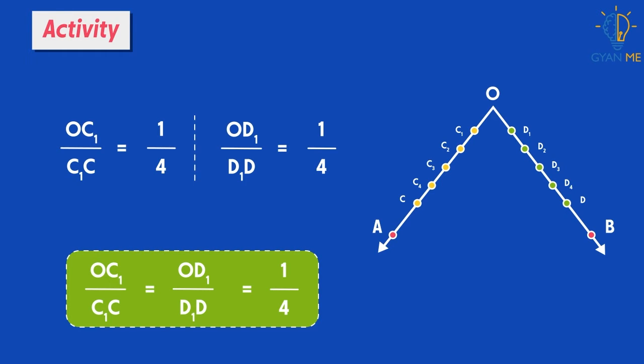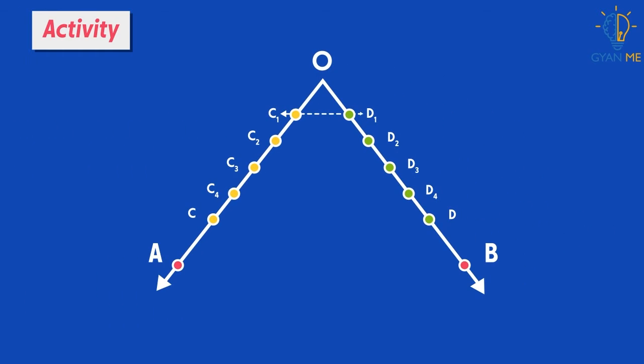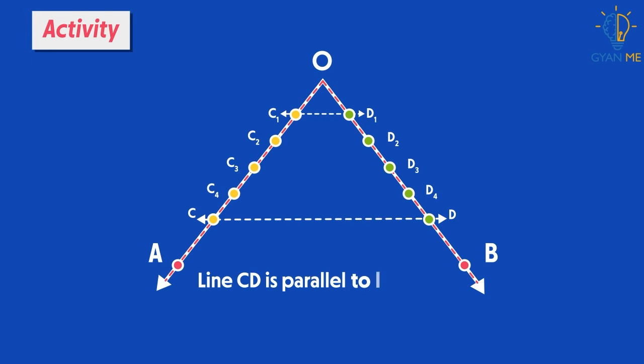Now students, have you noticed something here? Yes, you are right. Line C1D1 divides both the arms OA and OB in the same ratio, that is in equal proportions. Also observe that lines CD and C1D1 are parallel to each other.